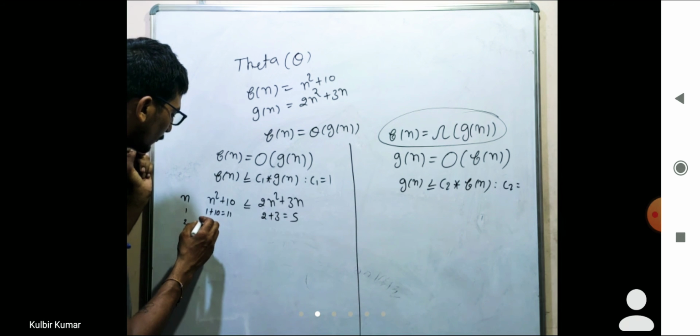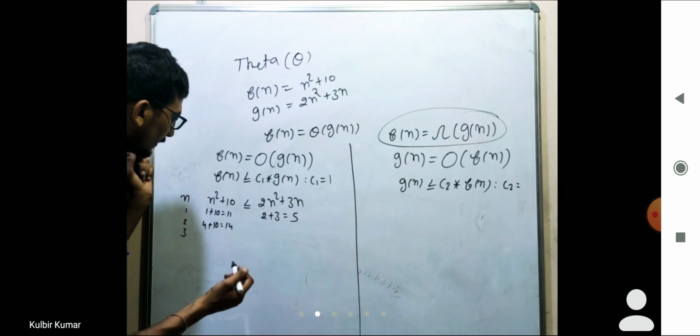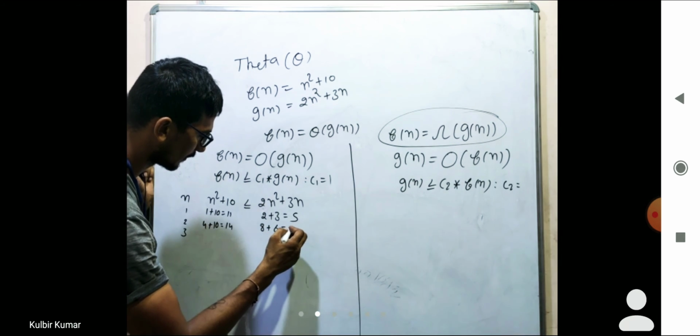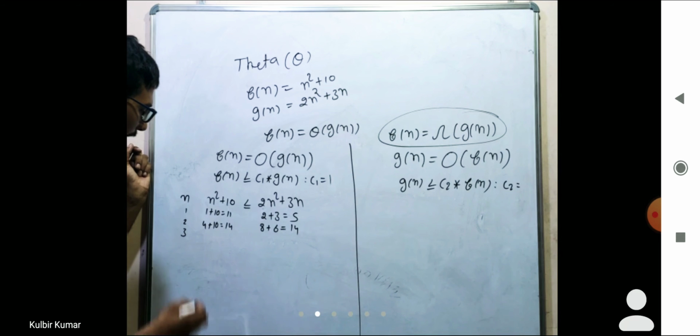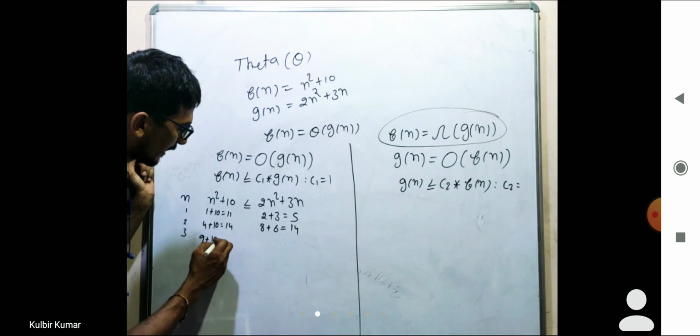2 put करेंगे तो 2 का स्क्वायर कितना था, 4 plus 10, 14, और यहाँ पे 2 का स्क्वायर कितना होगा, 4 into 2, 8 plus 6, ये भी 14 आ गया. Right, 3 put करेंगे, then it is 9 plus 10, 19.